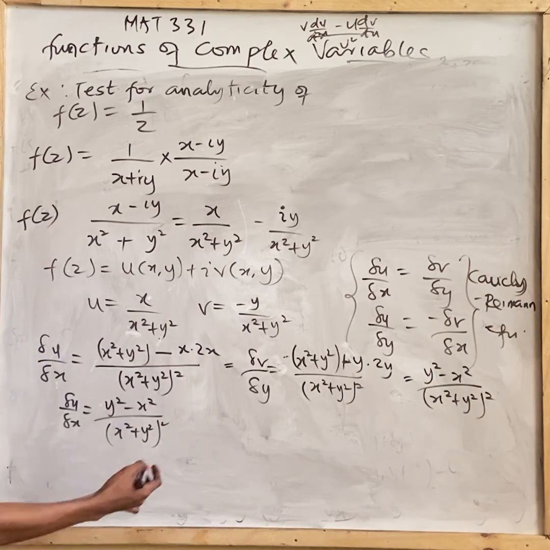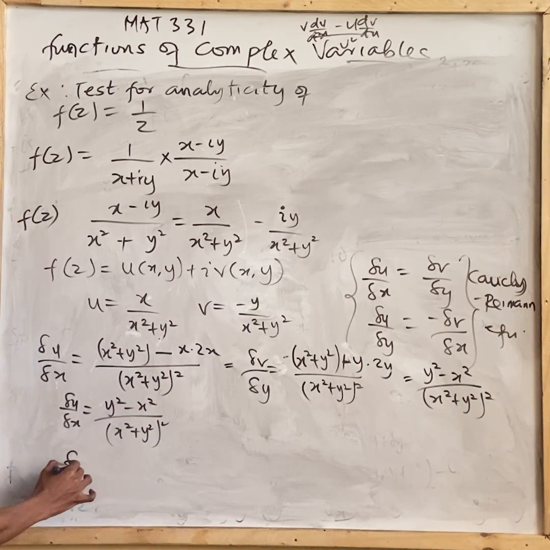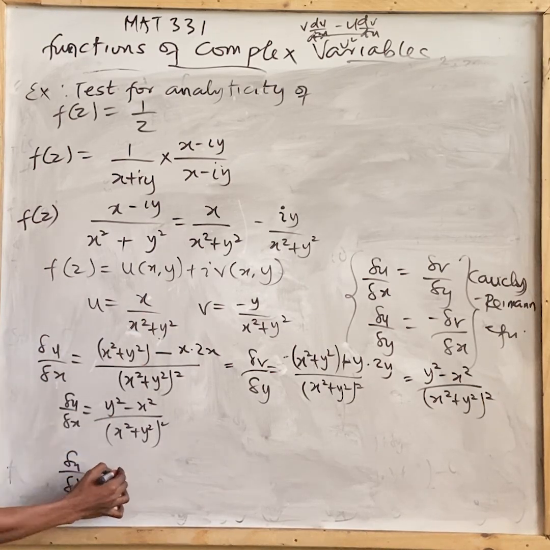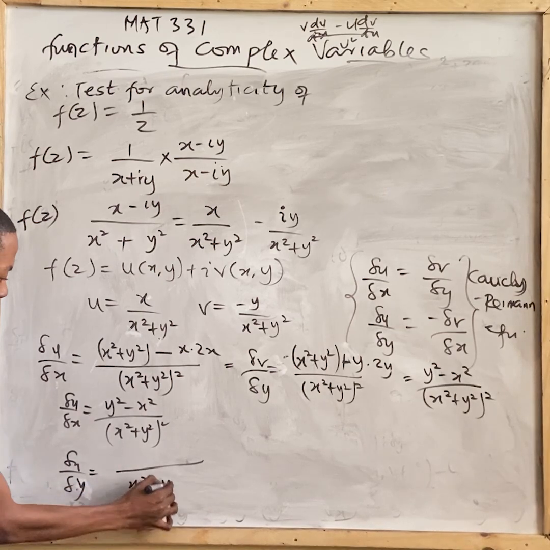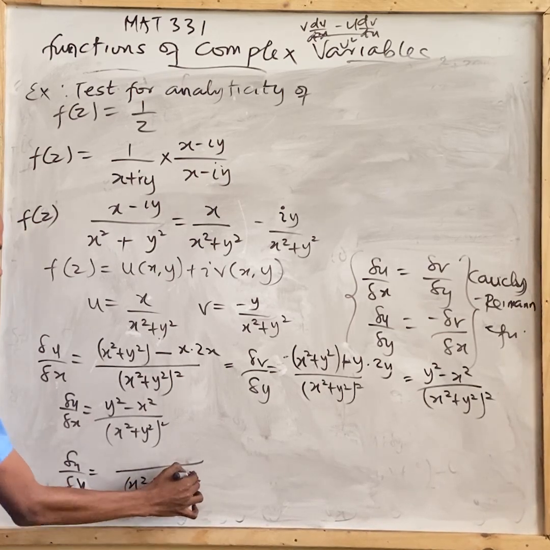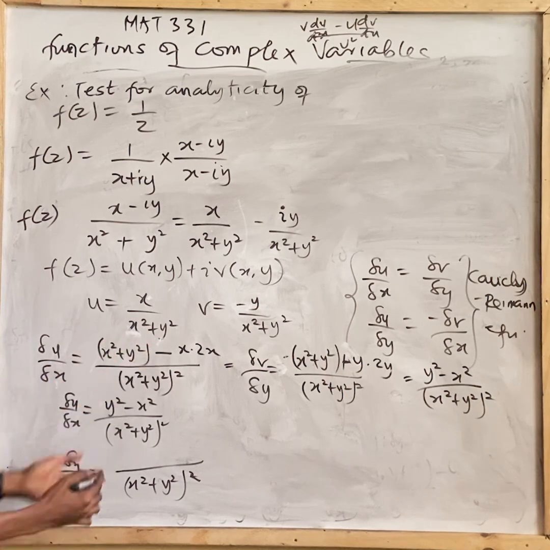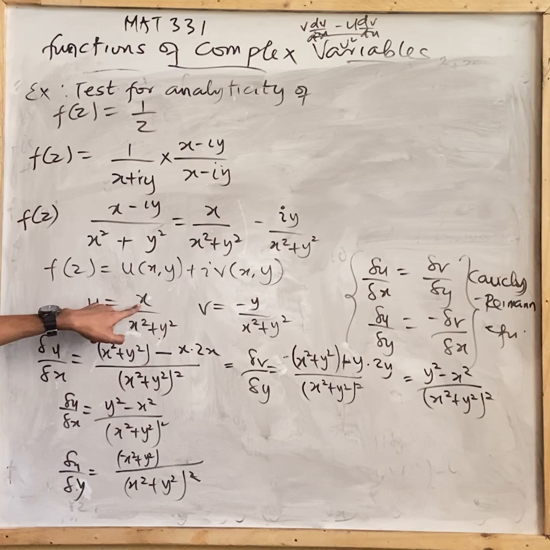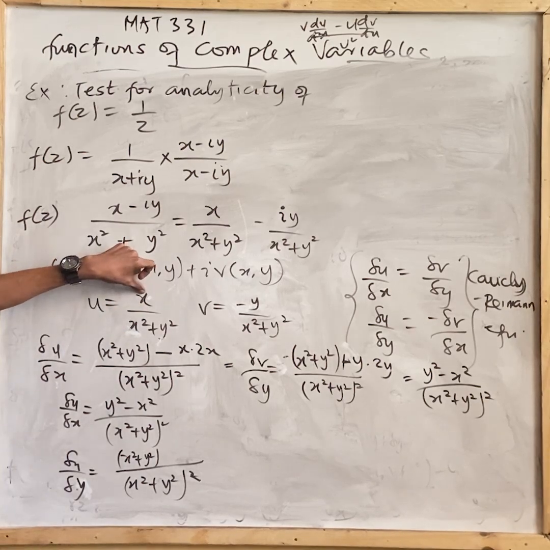Then the second one, I'll differentiate u with respect to y. This same function, I'll differentiate it with respect to y. If I want to differentiate this one with respect to y, I will have x squared plus y squared all squared, right? v is x squared plus y squared. du, it means that I want to differentiate x with respect to y.